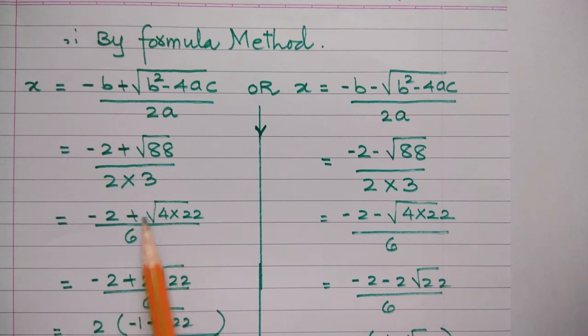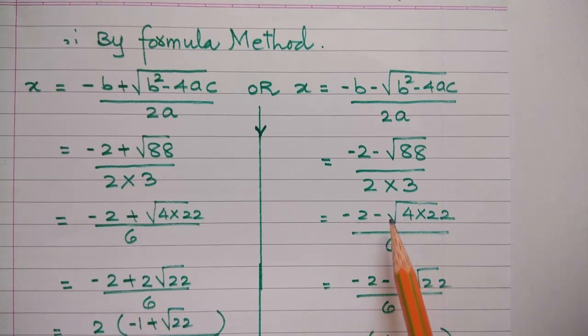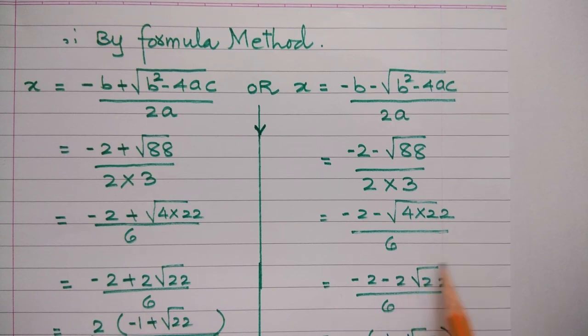Taking square root of 4, it will be 2. So minus 2 plus 2 times under root of 22 upon 6. Here also minus 2 minus under root 4 as 2 into under root of 22 upon 6. Now in the numerator, 2 is common between those two terms. Similarly, here also in the numerator, 2 is common between these two terms.